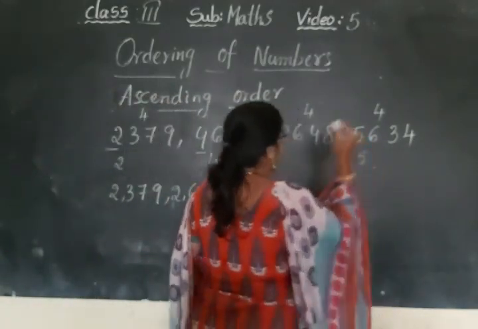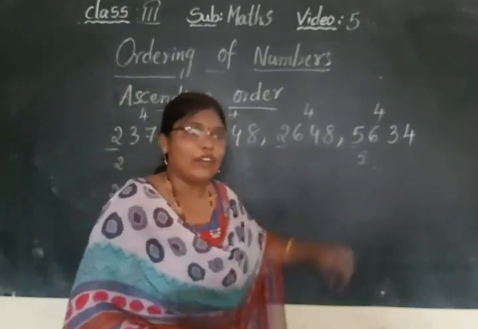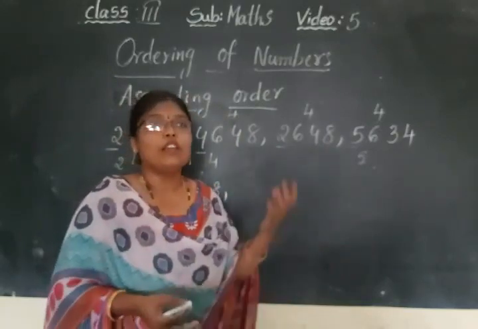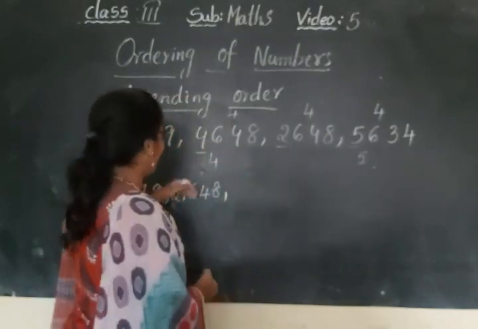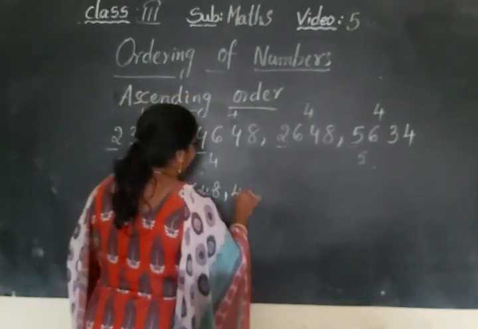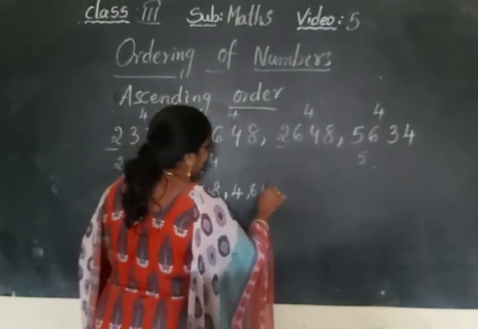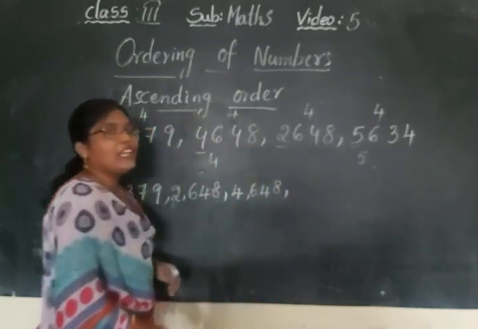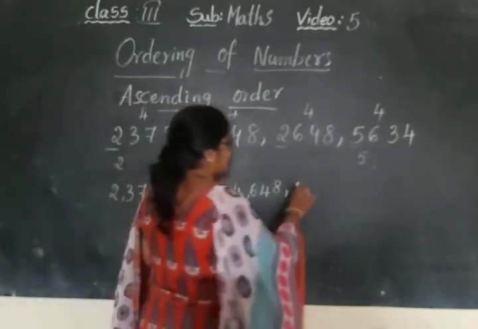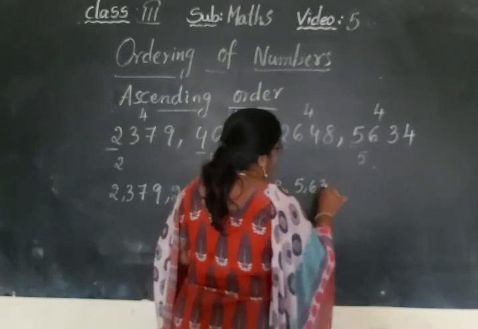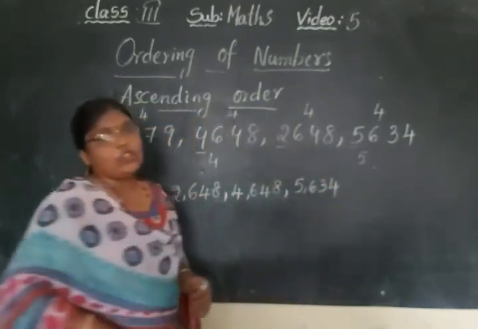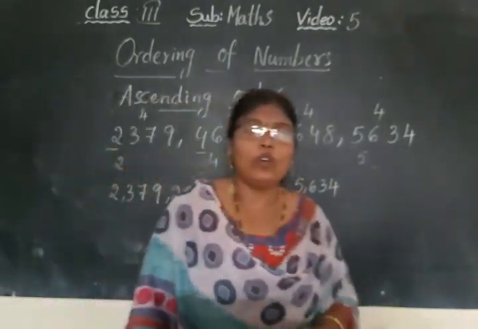And what are the first digits? 4 and 5. So which is the smaller one? 4 or 5? 4, yes. So come on, write 4648. And what is the biggest number? 5634.